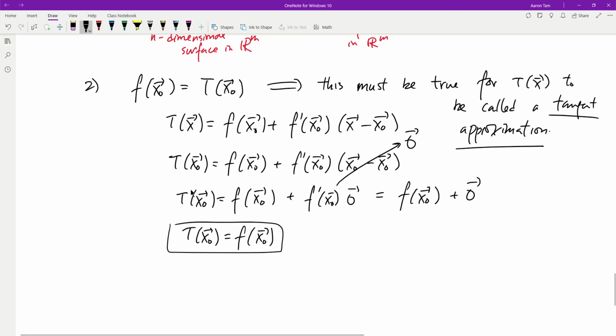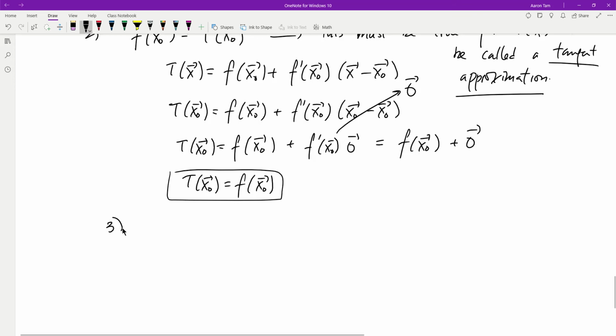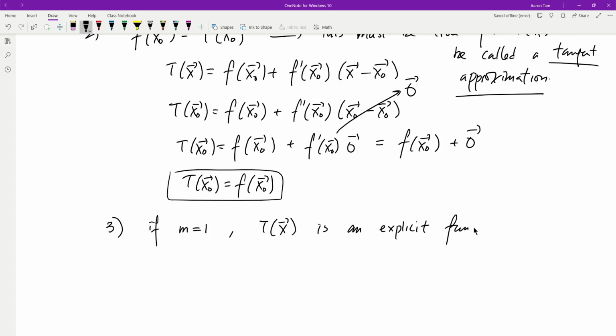Number 3. If m is equal to 1, that means we have a function that maps from Rn to R1, then T of vector x is an explicit function. Is that a surprise? It shouldn't be. If m equals 1, our original function f maps into R1, so it is an explicit function to begin with, and the tangent approximation inherits that property from f.